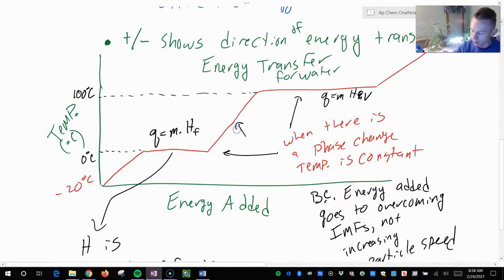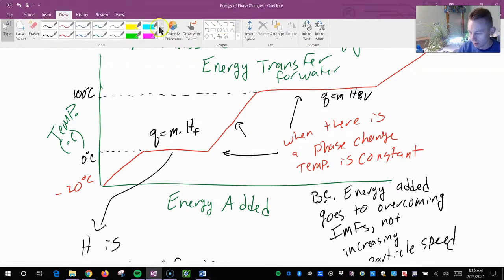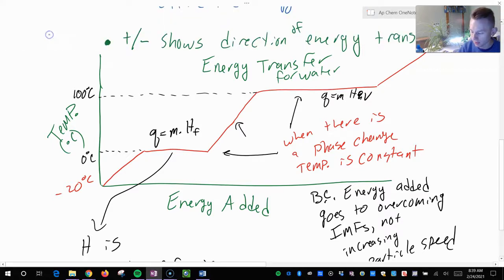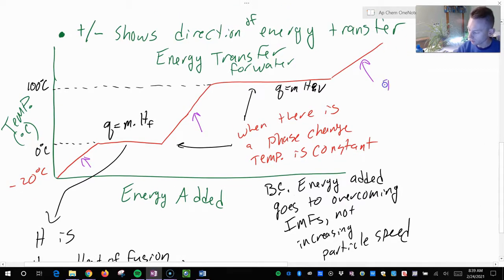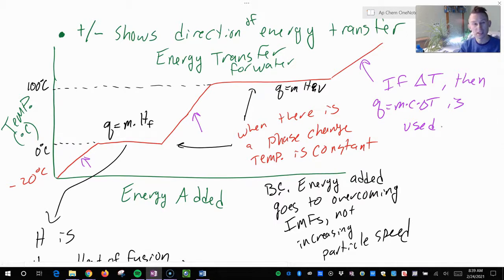During the temperature change, let's do a different color because it's starting to get a little bit crazy up in this house. For these points of temperature change, you use Q equals mc delta T, where C is the specific heat capacity or molar heat capacity.